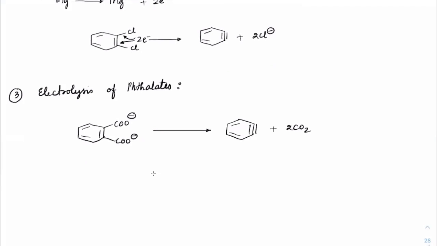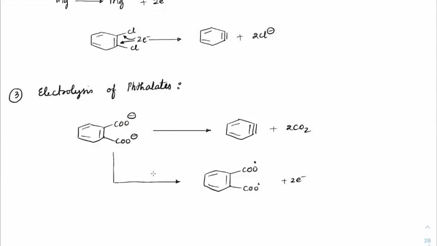If you remember, the other day we discussed what happens in Kolbe electrolysis. Kolbe electrolysis is done wherever there is a carboxylate, that is COO minus; they will give electrons first. On electrolysis, they will give COO and 2 electrons.